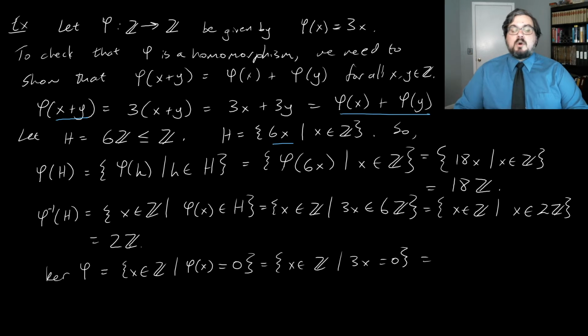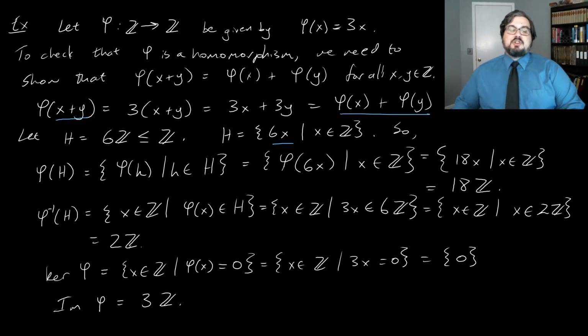But of course, there's only one number that has the property that 3 times that number is 0, and that's 0. So the kernel of phi is just the set containing 0, and the image of phi is just the set of all elements that show up as the image of something in phi, so that's going to be 3Z.